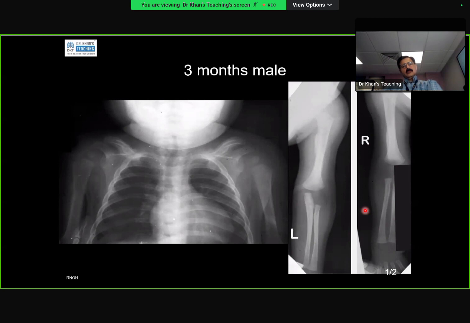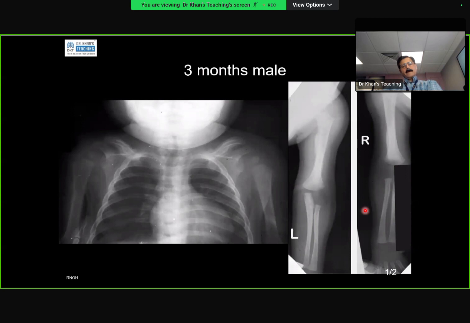So considering the periosteal reaction affecting various parts of the body, I can see some periosteal reaction in the radius as well, lower down.